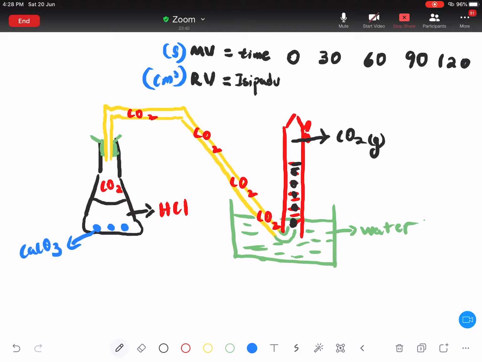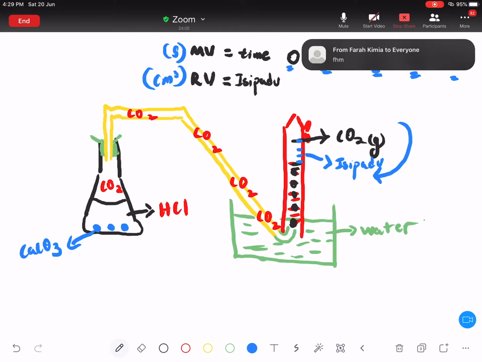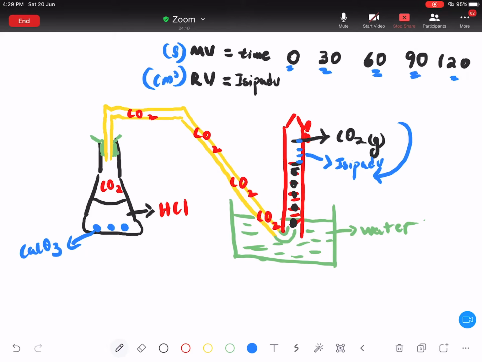It means every 30 seconds, you look at the burette and read the volume. Understand? Maybe this one is zero, this one maybe 10, 20, 30, 35, and so on.